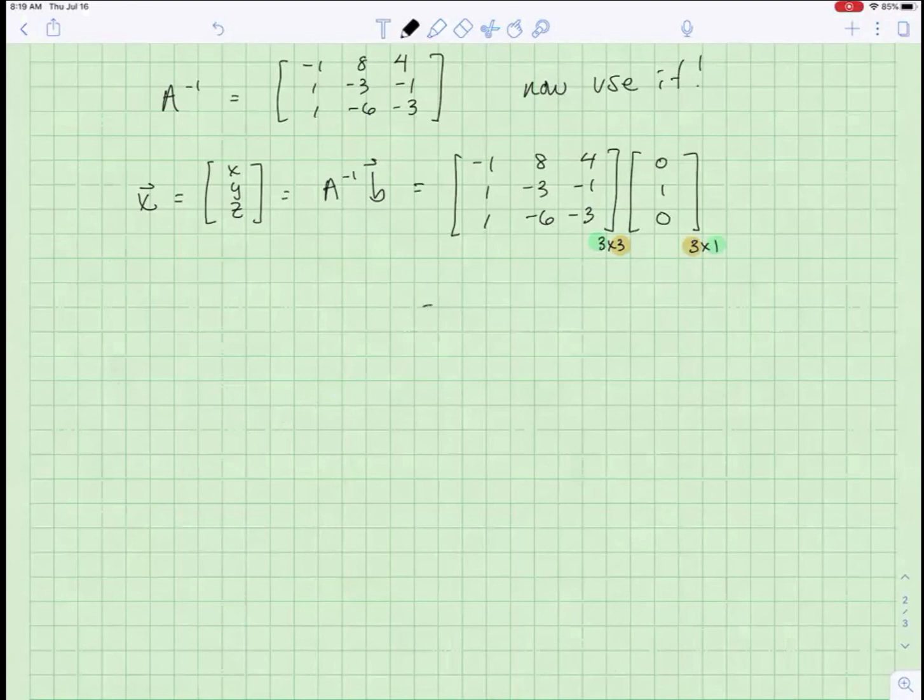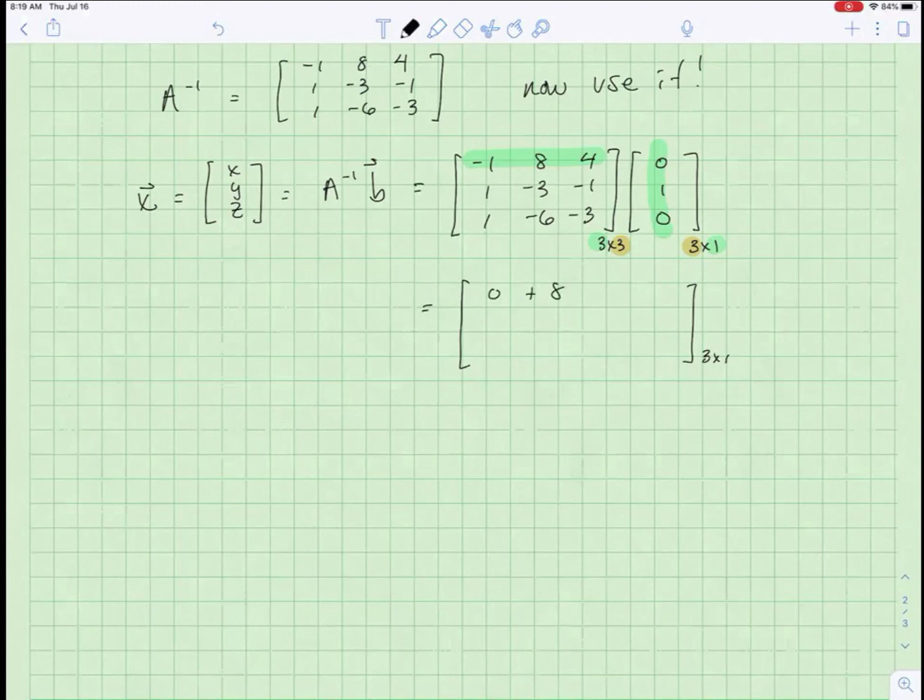So this should be equal to some kind of 3 by 1, where the top row is the product between the first row and the only column in B, which is -1 times 0 plus 8 plus 0. So this is going to be 0 plus 8 plus 0.